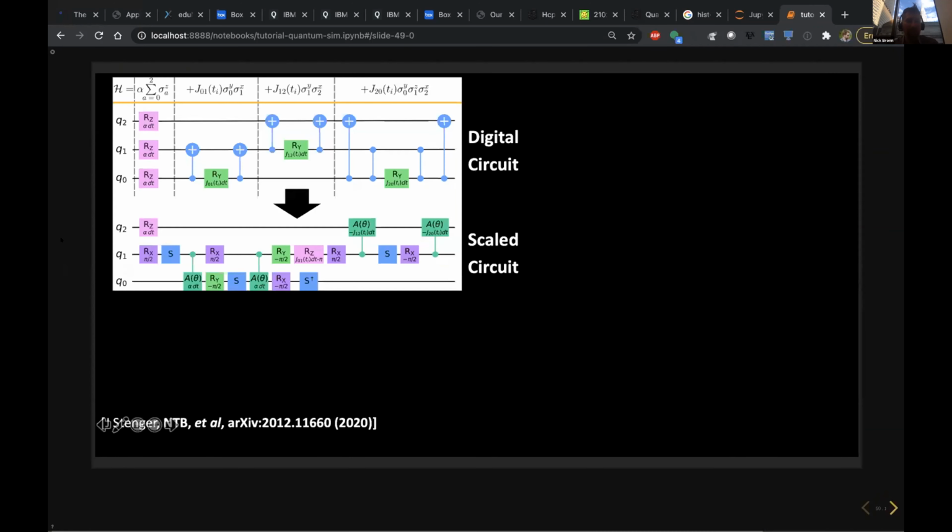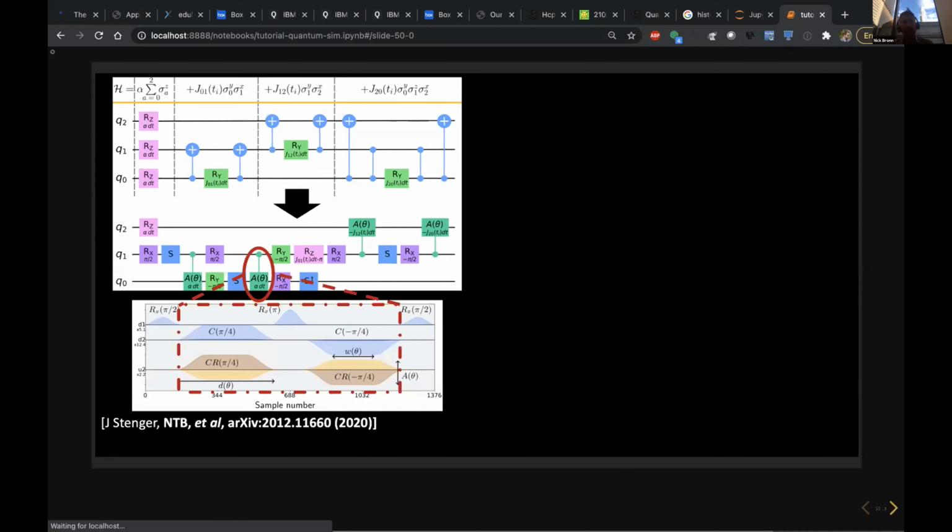Okay, so what we actually did was we got the scaled circuit. And mind you, we got the scaled circuit because some postdoc did a lot of work, and this wasn't done with the Qiskit modules I showed you before. In this, we did something similar but almost equivalent to changing them to our RZXs. Instead, we combined all the entanglement into these atomic units of entanglement called A of theta, and that essentially consists of an echoed cross resonance.